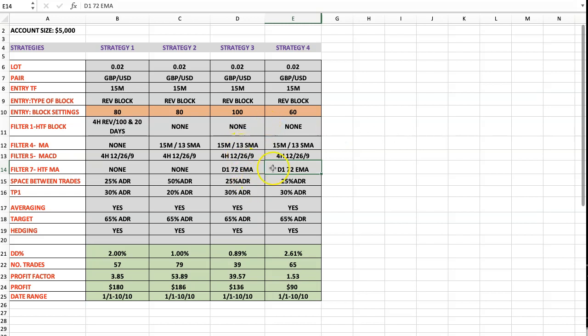So here, we kept exactly the same settings, and then look at the drawdown. Now it increased because it definitely got me into more entries, from 39 to 65, but the drawdown increased by a lot. And unfortunately, even if that was a lot, I was hoping for a better profit, but it didn't give me much more profit.